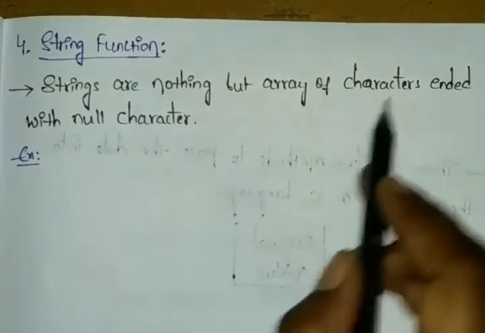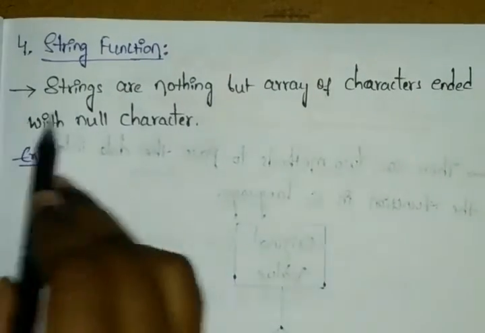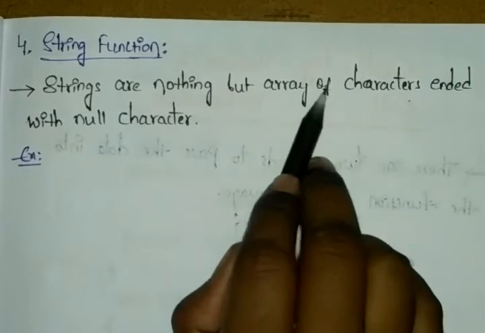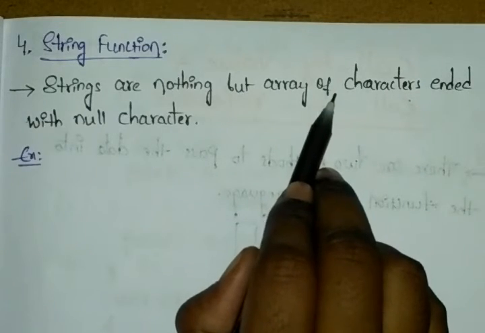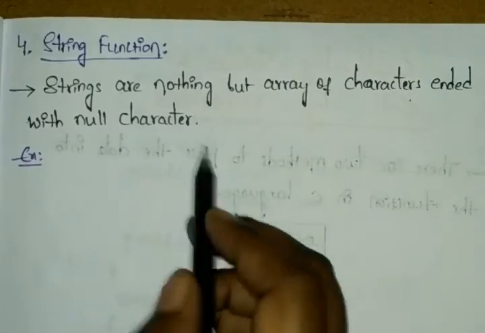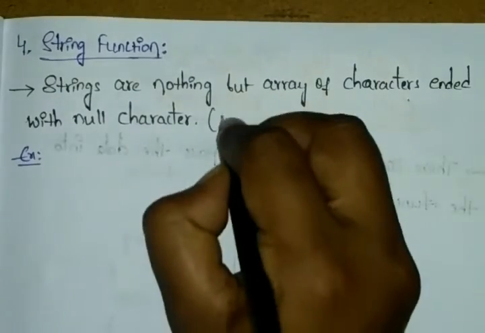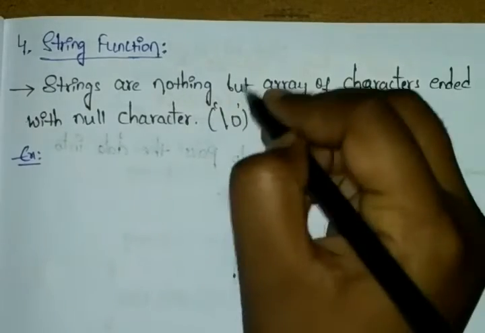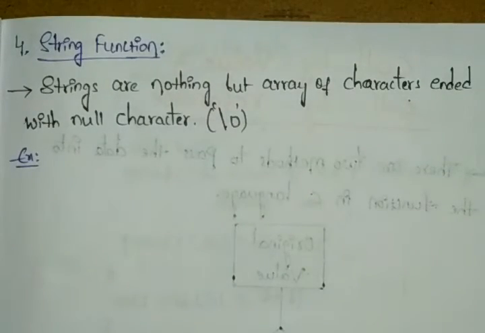These strings use characters. Strings are nothing but a combination of characters. Once you write the string, at the end you can use the null character. You can use the null character once you end the writing of the string.